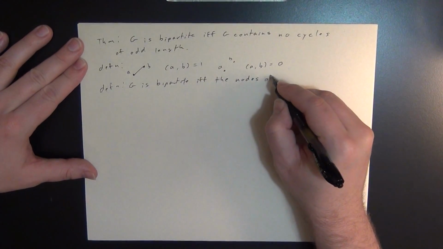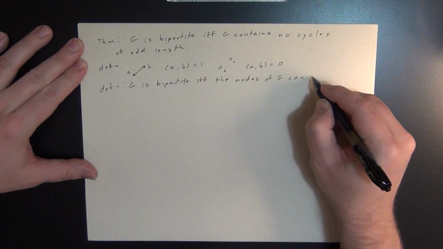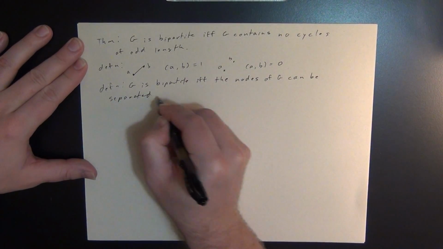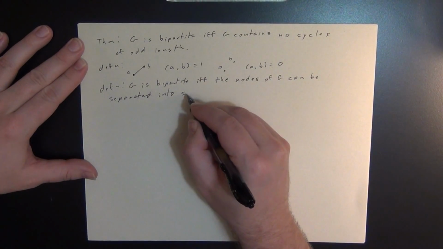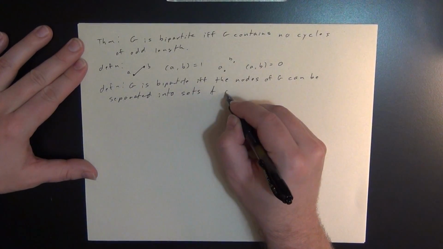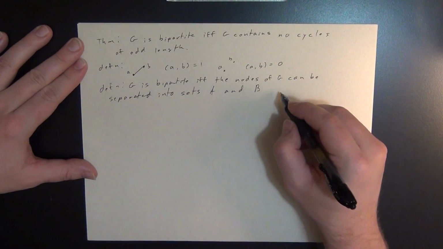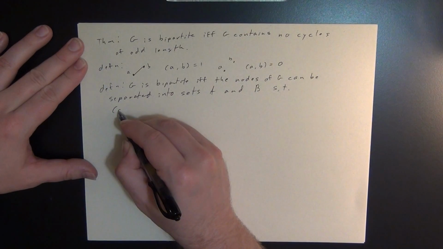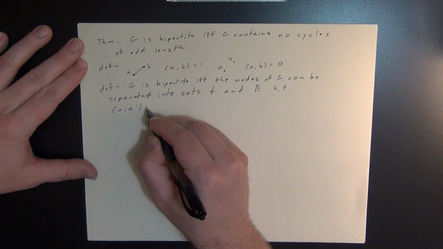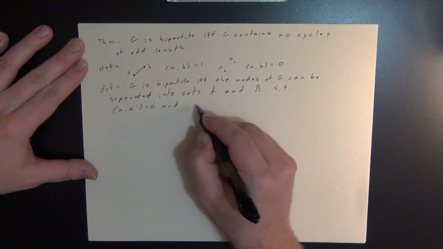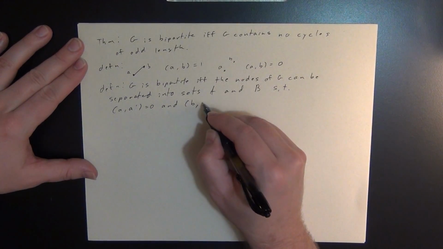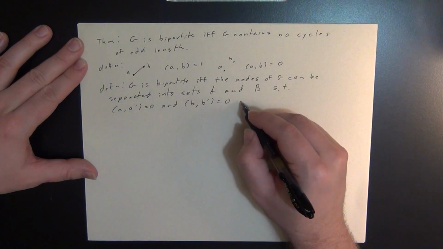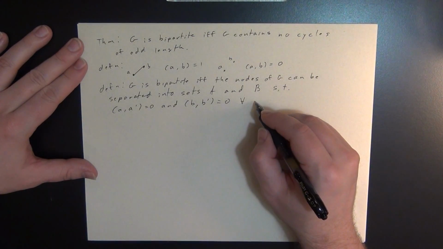The nodes of G can be separated into sets A and B such that no two nodes of A connect and no two nodes of B connect.